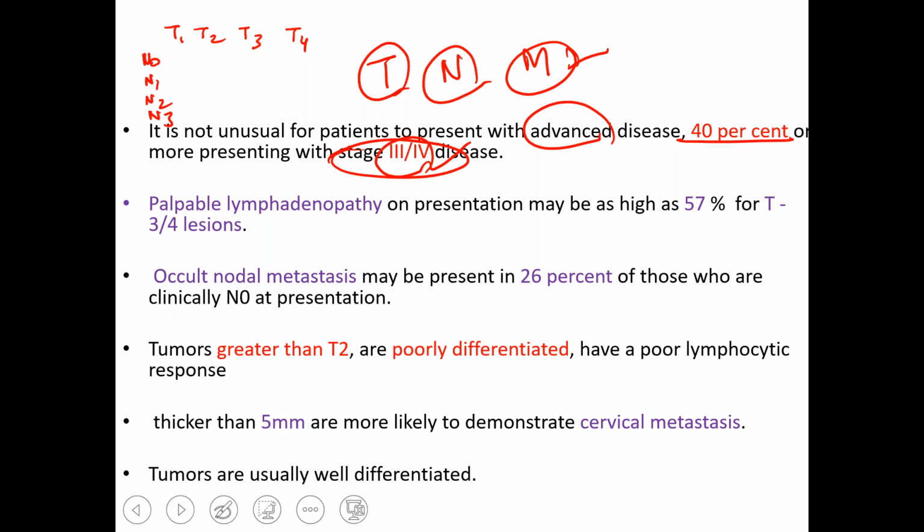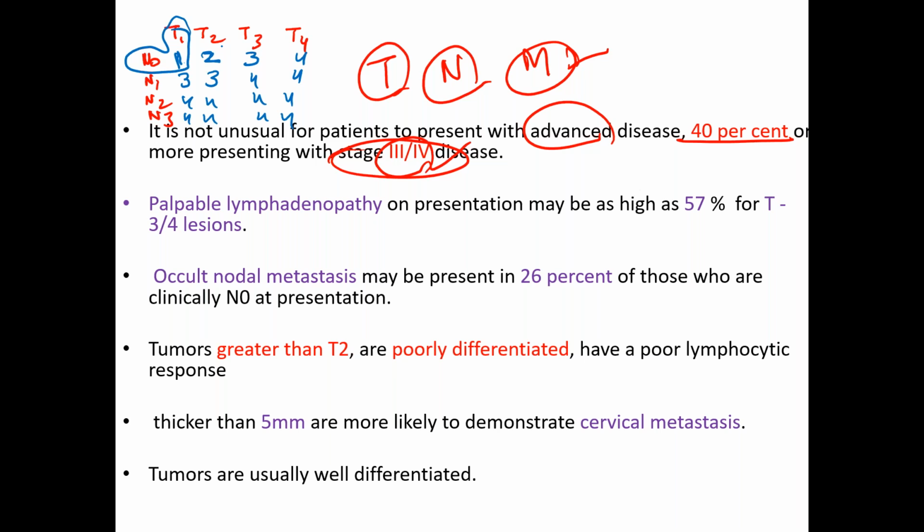Everything else is stage 4, and you can say stage 1, stage 2, stage 3, stage 4. If T1 and N0, it becomes stage 1. For example, T2 and N0, it becomes stage 2. T3 and N0, it becomes stage 3. T4 and N0, it becomes stage 4. Easy to remember like this. At the end, I will once again tell that. So you can make n number of combinations with this.